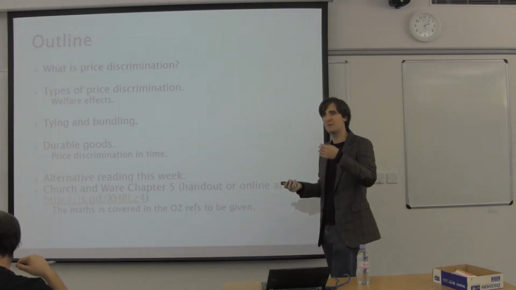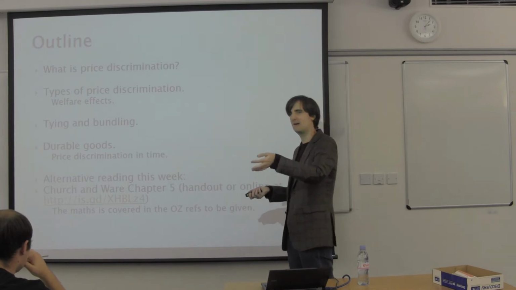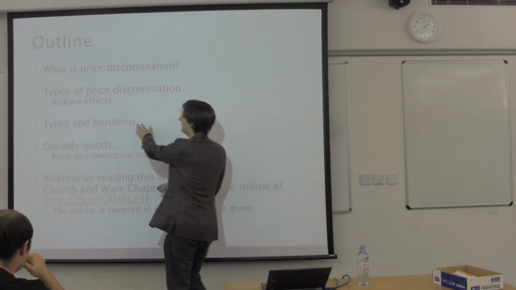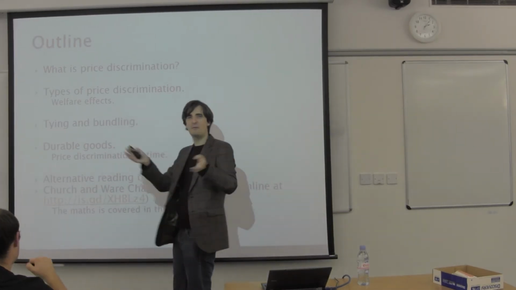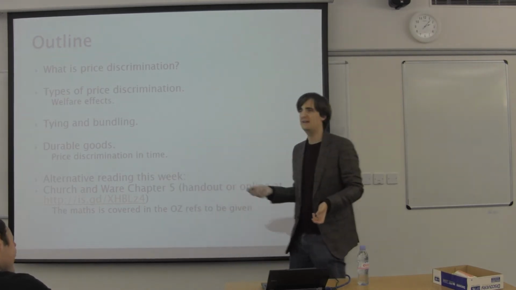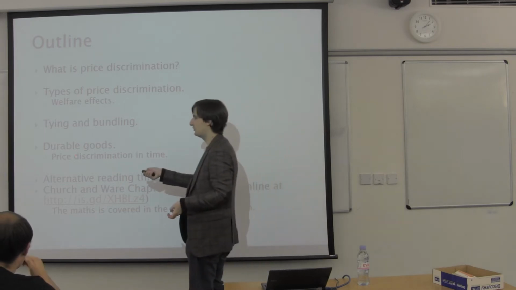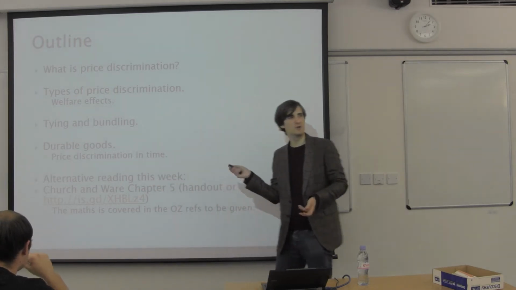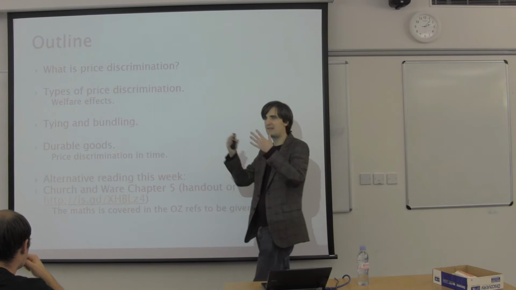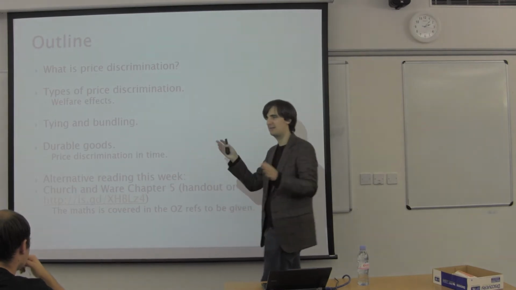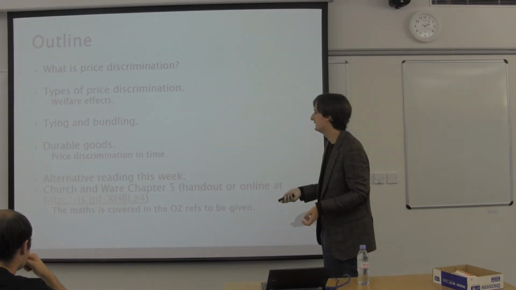You buy a printer from HP, you also have to buy printer cartridges from HP. Bundling is selling several goods together, like selling bundles of TV channels. And then we're going to talk about durable goods and how selling durable goods is also a case of price discrimination, but it has some counterintuitive effects.